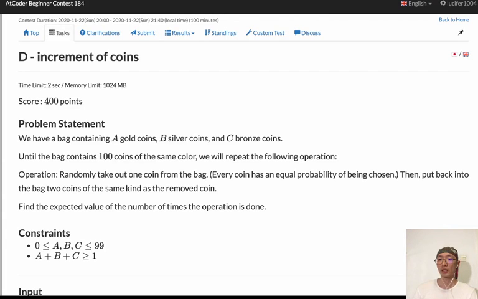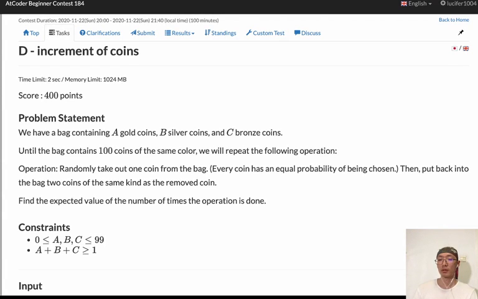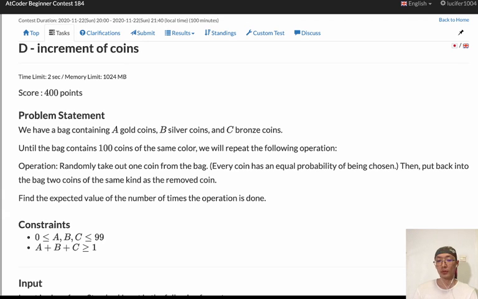Problem D, increment of coins. So we have a bag containing A gold coins, B silver coins, and C bronze coins. Each time we randomly take out 1 coin from the bag and put back into the bag 2 coins of the same kind as the removed coin. So suppose we have A, B, C right now.